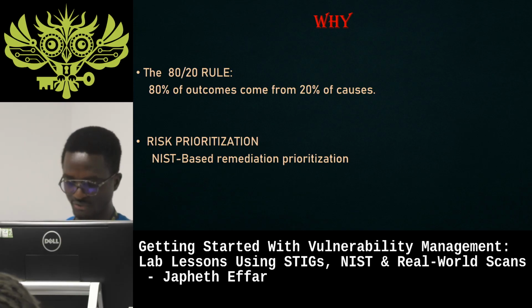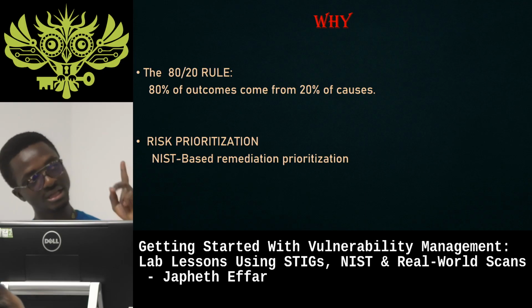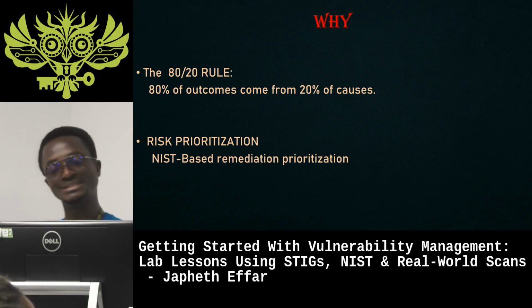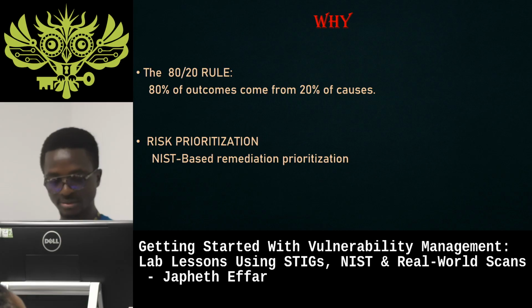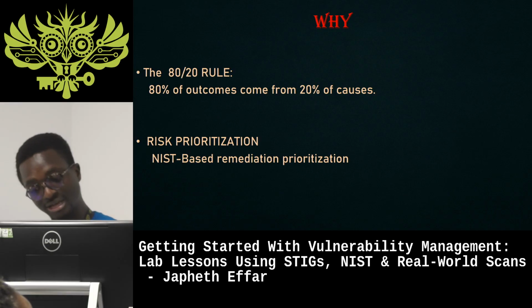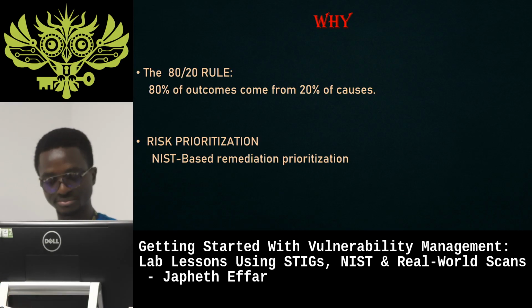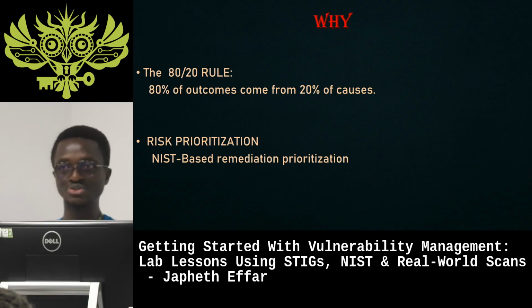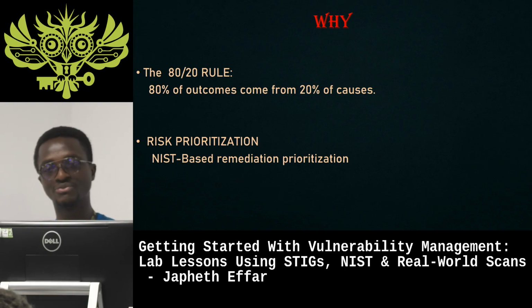The next one of importance is the risk prioritization, which is where NIST 800-53 comes into play. 800-53 is saying that you should focus on controls that directly mitigate most of the vulnerabilities. So what it means is that vulnerabilities that will be exploited easily need to be remediated first before anything else.